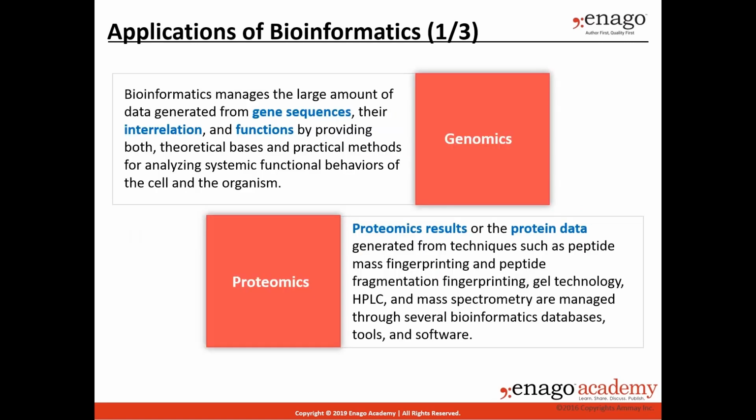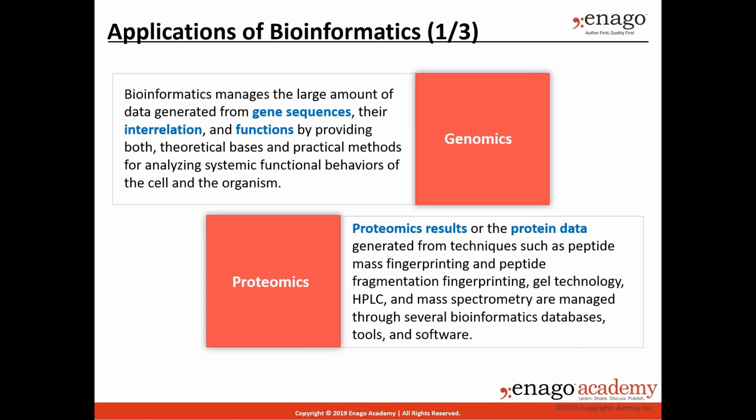So some basic applications of bioinformatics: genomics. Genomics is where we kind of start. Bioinformatics manages the large amount of data generated from gene sequences, their interrelation and functions by providing both theoretical basis and practical methods for analyzing systemic functional behaviors of the cell and the organism.